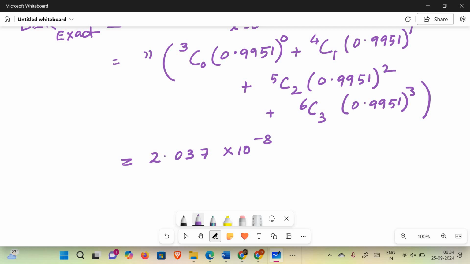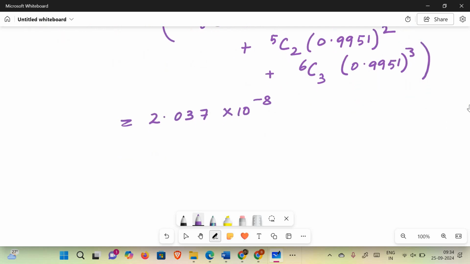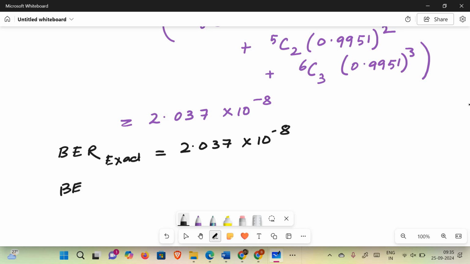So if I write it down once again, in case of BER, the exact solution is coming as 2.037 into 10 to the power minus 8, and BER approximate solution is coming as 2.18 into 10 to the power minus 8.